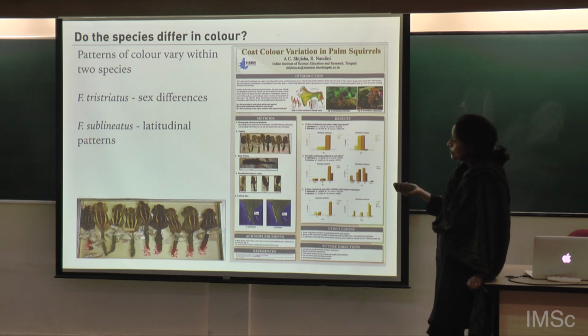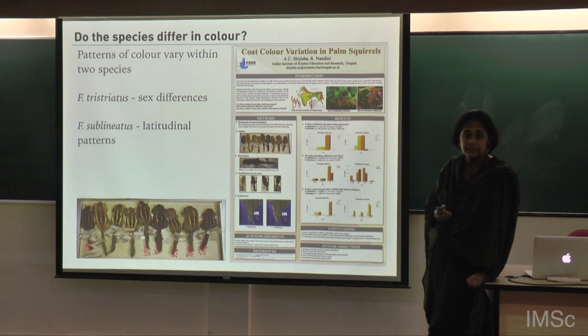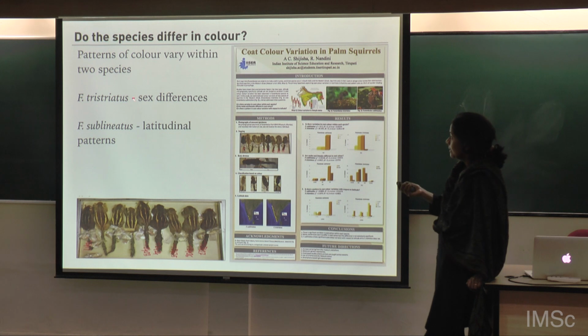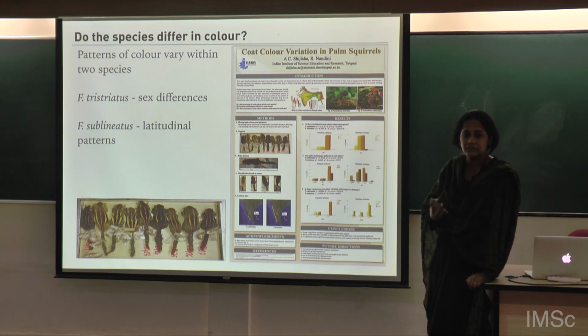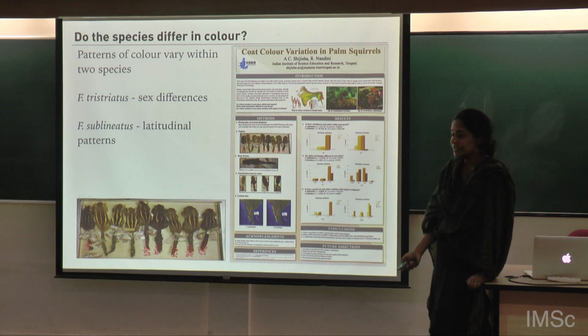Preliminary work seems to show that there are latitudinal patterns of color with darker animals in the south and lighter animals in the north for one species. But is this true across many species? We don't really know. We also see differences between the sexes, which is something that is very, very distinct for mammals, right?